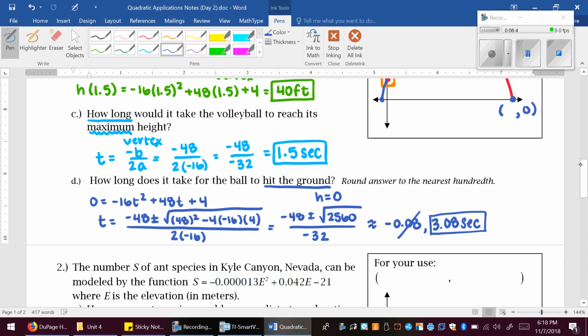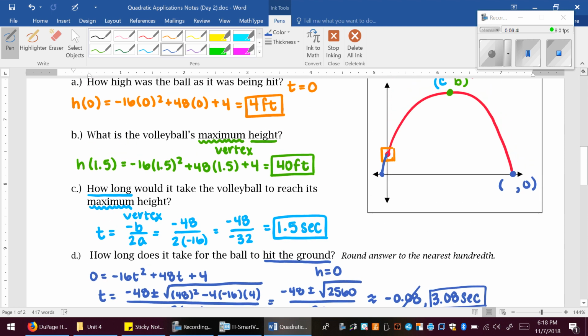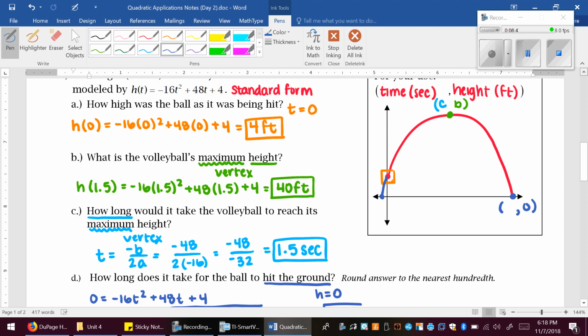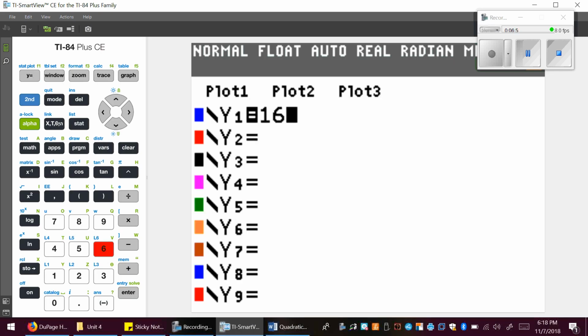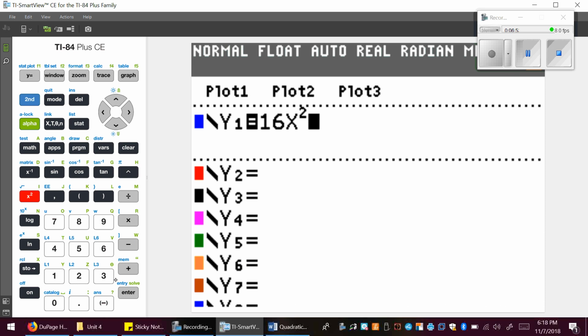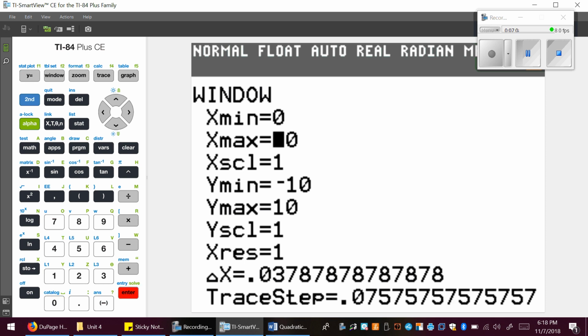I can go to my graphing calculator and I can check all of these by typing the equation into y equals. Then I'm going to use x instead of t. And there was a note at the top of the paper that said you have to set a good window. So if I go to my window, I didn't need any negative time values.